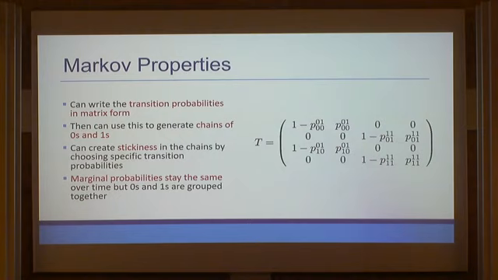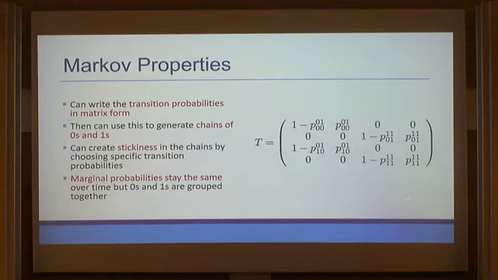To create stickiness between our zeros and ones, we can change certain probabilities in here. If we want a lot of ones to stick together and have lots of sequences of ones, then we make this one high, which is the probability of going from word 1,1 to 1,1, so you get lots of chains of ones.